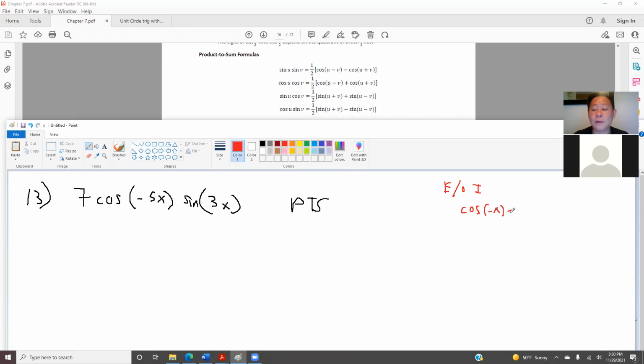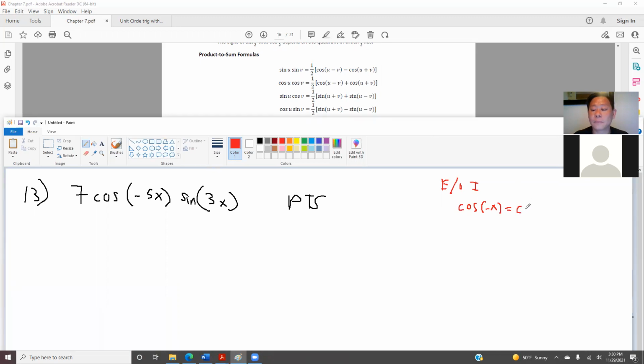Does it disappear or move up front? It will disappear. But what happens if you have sine with a negative angle? Does it disappear or move up front? You move it up front. So make sure you guys know this even-odd identity.